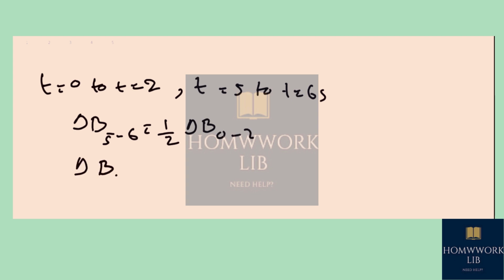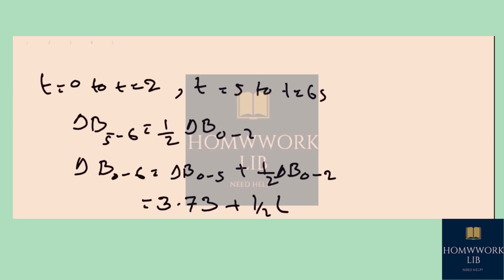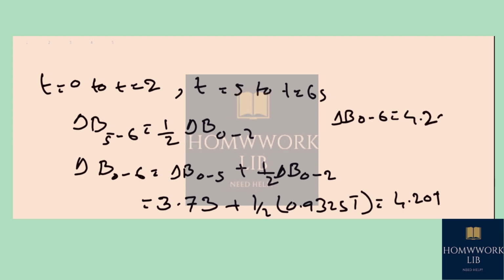Then dB 0 to 6 will be equal to dB 0 to 5 plus half of dB from 0 to 2. Using the information from above, we can write 3.73 plus 1 over 2 of 0.9325 Tesla. This will give us 4.20 Tesla. This is our field, dB from 0 to 6, that is 4.20 Tesla.